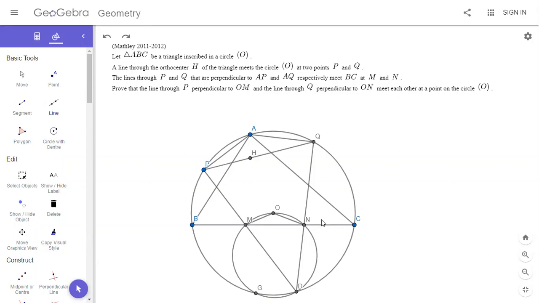We know it takes MN to PQ, so we know GMN is similar to GPQ, right? So what does H correspond to?